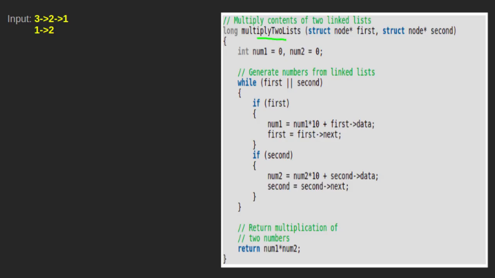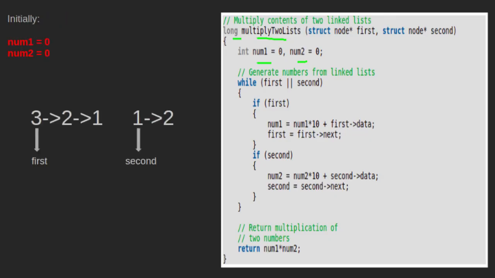We also declare two variables num1 and num2, where num1 will store the number formed by linked list 1 and num2 will store the number formed by linked list 2. Also note that the return type of this function is long since it will return the multiplication of two integers, which will be of long type. So initially both num1 and num2 are 0, and first is pointing to 3 and second is pointing to 1.